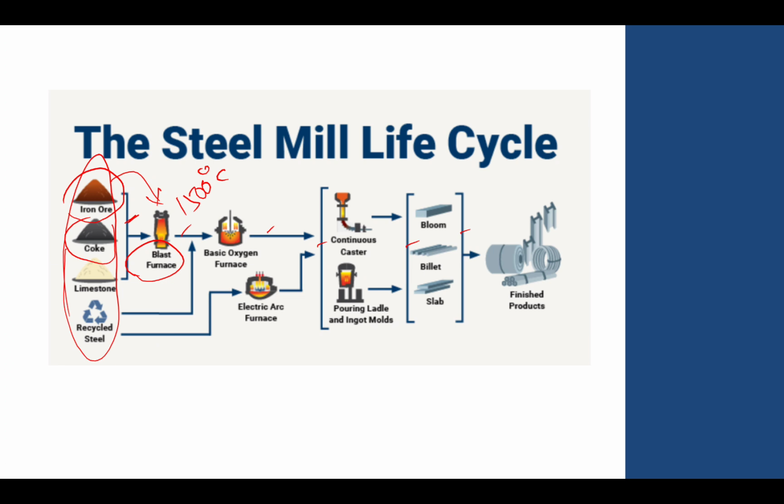Next is steel making, which refines molten metal into high quality steel, using the basic oxygen furnace and the electric arc furnace. The basic oxygen furnace combines molten metal with scrap steel and injects oxygen to remove carbon.